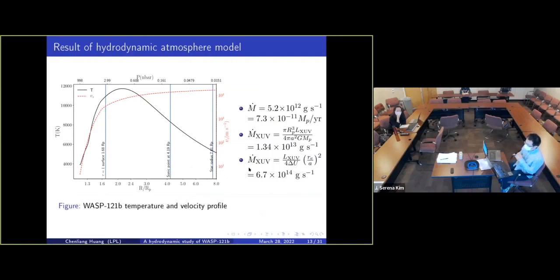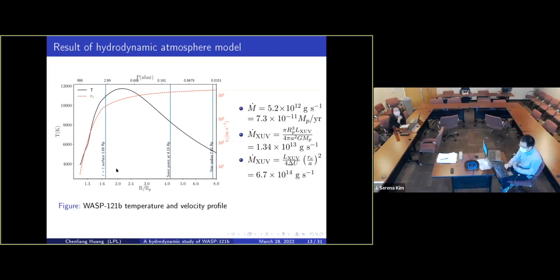Okay, so here is the hydrodynamic atmosphere model result. First is the temperature profile. Now the radius is on the axis, and we also have the pressure on the top, versus the temperature in the black solid line and the outflow velocity in the dashed line.